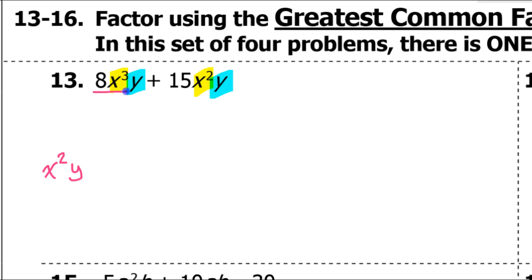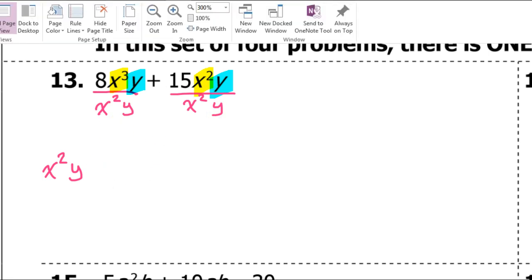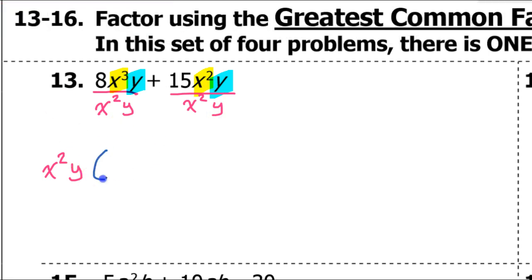Once you have identified the greatest common factor, what you want to do is divide by that greatest common factor. I'm going to divide by x squared y, because that lets us know what will go inside the parentheses. So look, the 8 is going to just stay there.